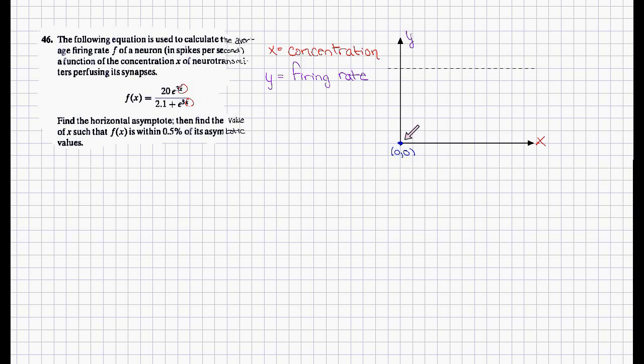Since we are down here, we know that 0, 0 is a point. I can just figure that out because it's the only thing that makes sense. Then I know that my function has to do something like this. I know that my x values are going to increase in some way. I don't care how, but they're going to increase in some way, and they're going to hit a cap, this ceiling here.